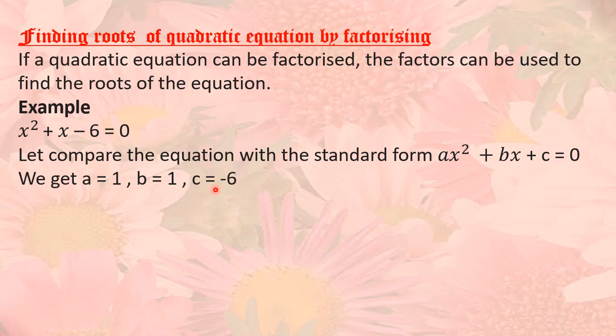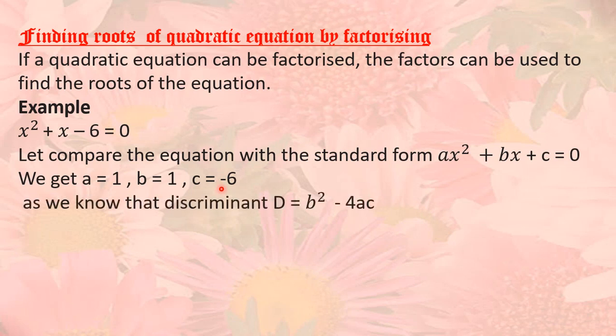Now we want to show that the roots of the given equation exist. As in the graphical representation we saw that this equation has two distinct roots, but let us find out whether they exist using the discriminant.